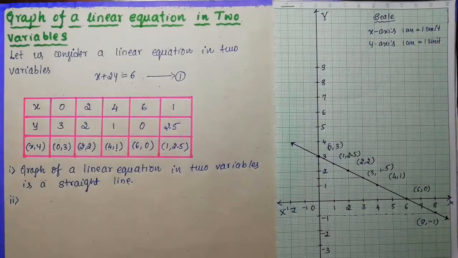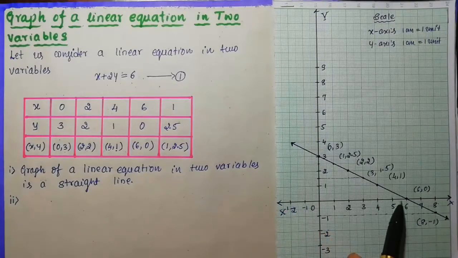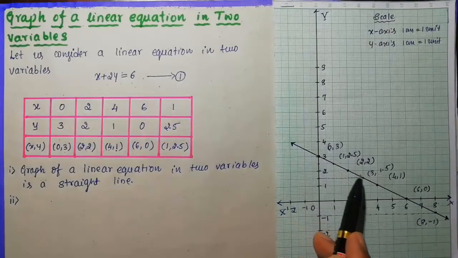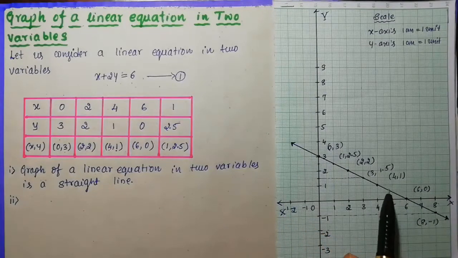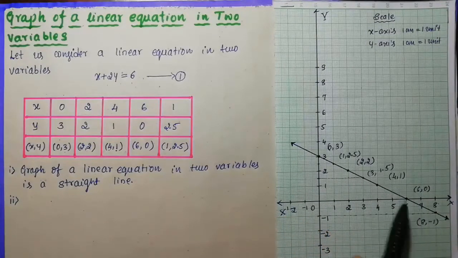Now look at here, by this we can understand that every point on this straight line is a solution of equation 1. Remember, very important point, every point on this straight line is a solution of equation 1.